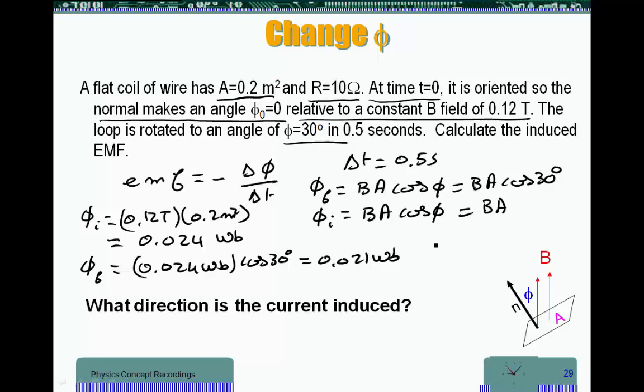And my EMF is then minus 0.021 Webers minus 0.024 Webers over 0.5 seconds. So that gives us an EMF of minus 6.4 millivolts.